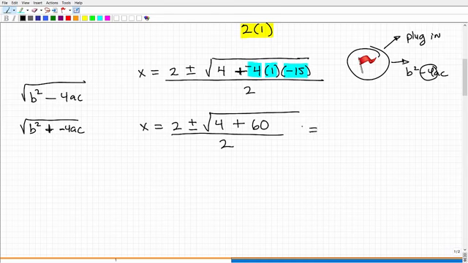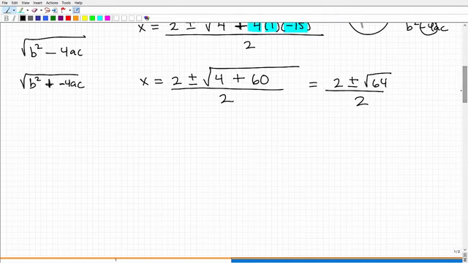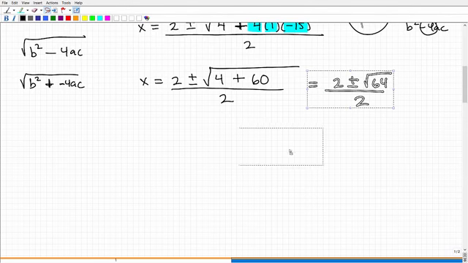All right, now let's continue to move on here. Now, I'm going to kind of work sideways. This is equivalent to 2 plus or minus the square root of 4 plus 60, and that's 64 all over 2. And this problem is going to be finished up here pretty quickly. Let me scoot this down.